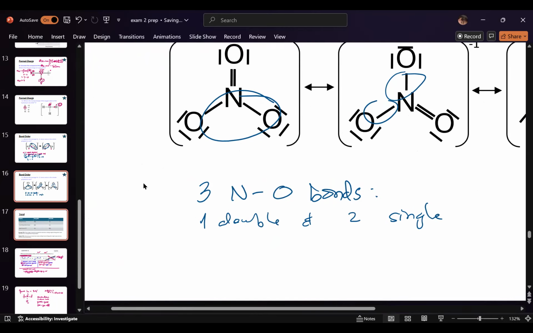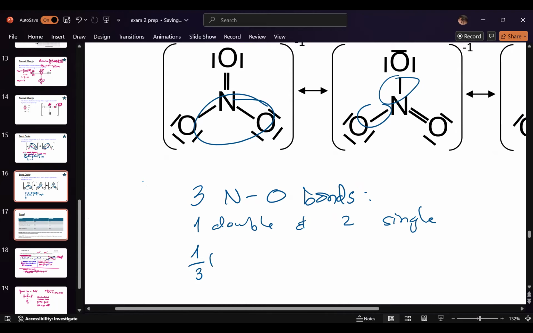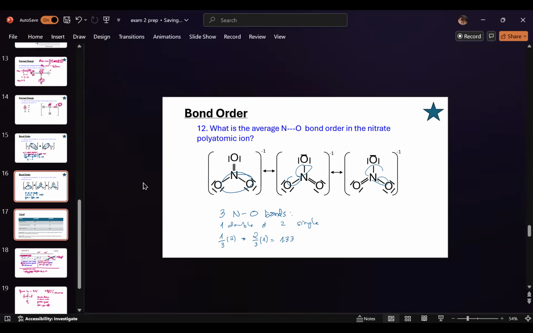So you have 1 over 3 relevant NO bonds times the double, which is 2, plus 2 over 3 times 1, since you have two single bonds in 3 relevant structures. That'll be 1.33. And that's the average NO bond order in the nitrate polyatomic ion.